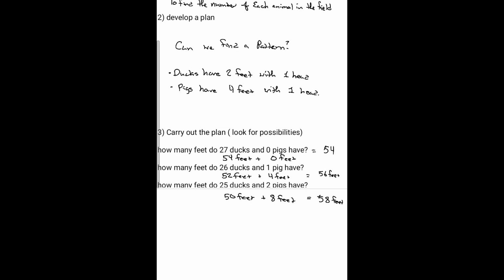Okay? So as the number of ducks decrease, the number of pigs increase. But here's the interesting part. The 54, 56, and 58 increase by 2. Okay? So for every pig that we include in our scenario, we have to add 2 feet to 54. Okay? Hopefully that makes a little bit of sense.